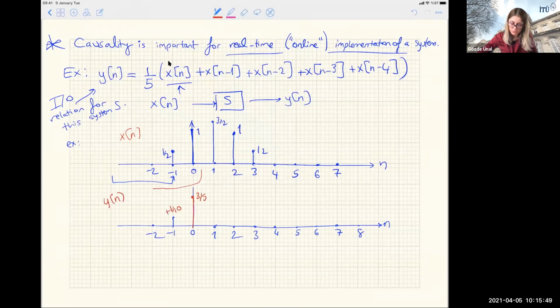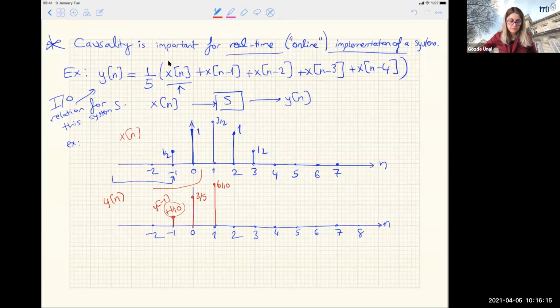This is plus, of course, by the way. This is really equal to y of minus 1, right? 3 over 5, then you can do the math. Similarly, this is 6 over 10. And then I just add these together.